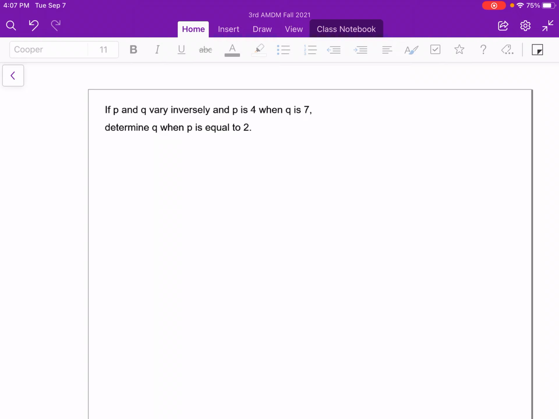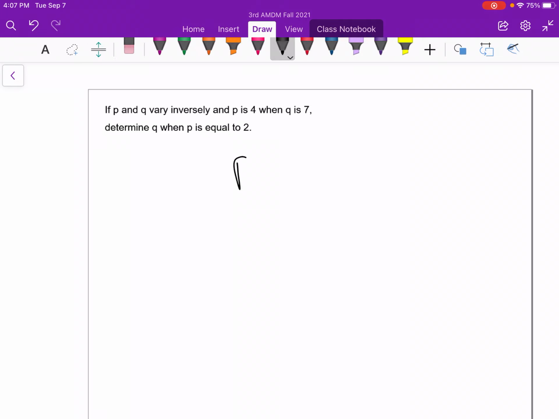So p and q vary inversely. And p is 4 when q is 7. So I have p1 q1 equals p2 q2.